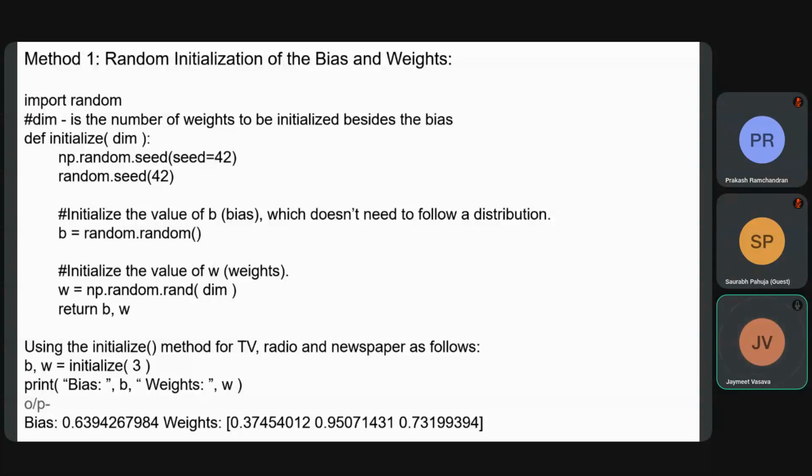We have 3 things, which are TV, radio, and newspaper, so we'll be using 3. You can see that we are using a random seed of 42 in order to reproduce the result, in case we want to refer back to it again for this seed value.